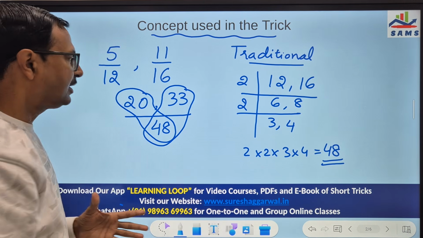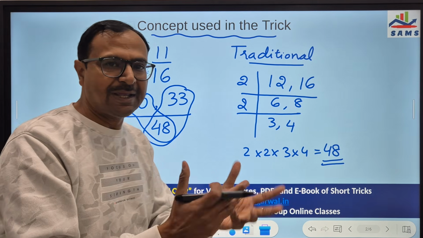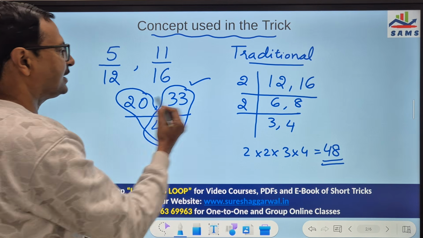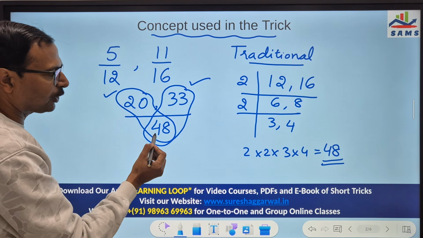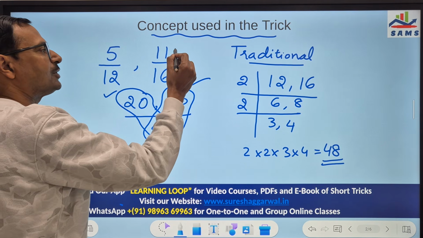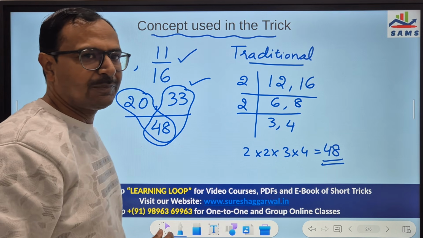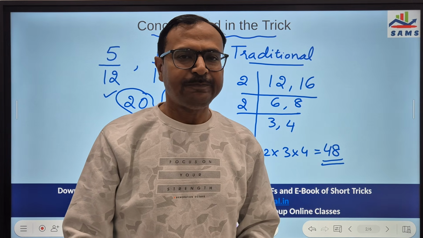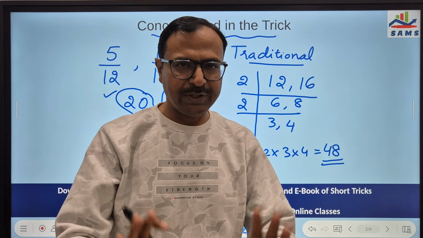And then after converting, they find out which one is greater, because 33 is greater than 20. So 33 upon 48, which was obtained from 11 upon 16, is the greater one. Now this is the traditional approach, right? And you will admit 9 out of 10 students are doing this only.